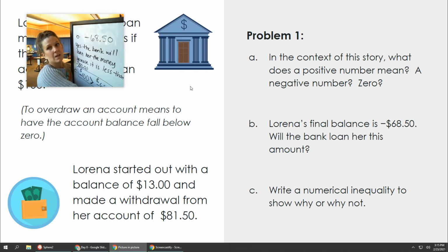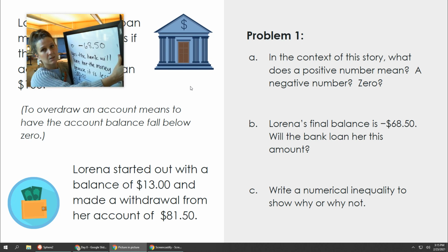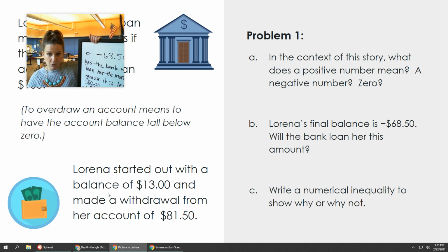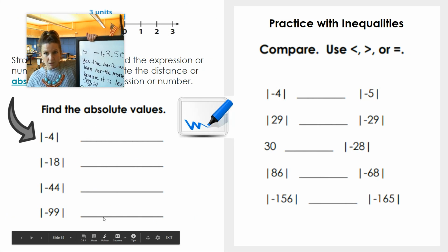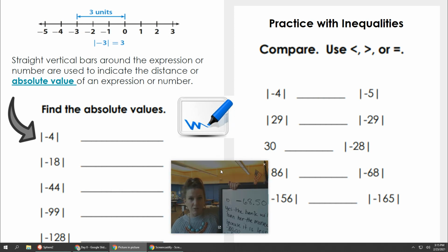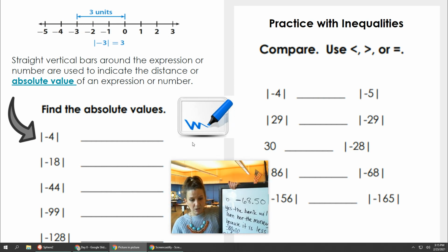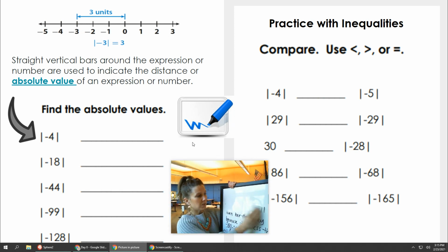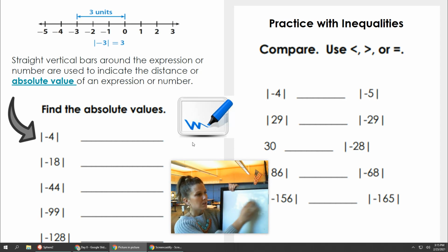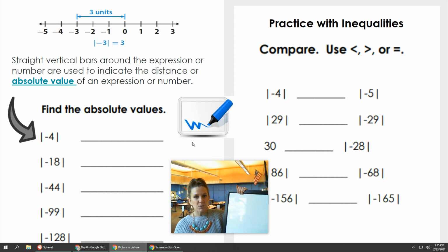Last question that we didn't necessarily get to as a class here. So if you didn't get to question 3, that's okay. This one was just a quick review. This is sort of our aha moment here. If we understand what absolute value is, we should be able to answer these questions pretty quickly. For example, the absolute value of negative 4 is a positive 4.